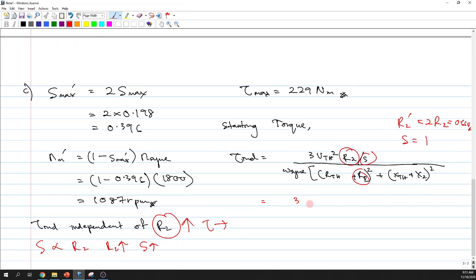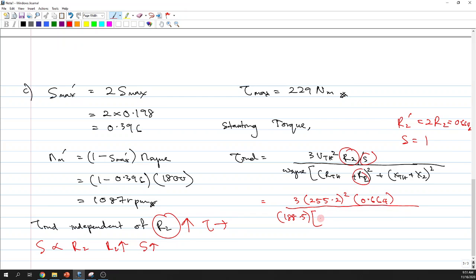Okay, so we just replace everything. 3 times VTH, which is 255.2 square, times 0.664, S is equal to 1, and then the omega sin is equal to 188.5.